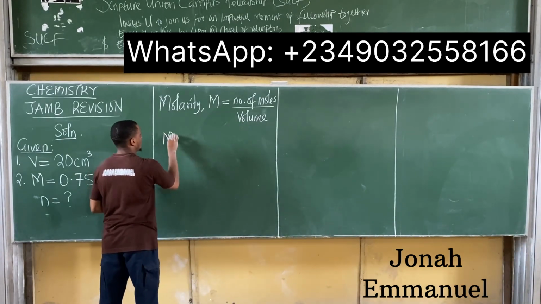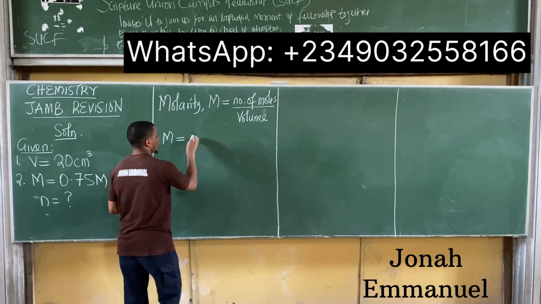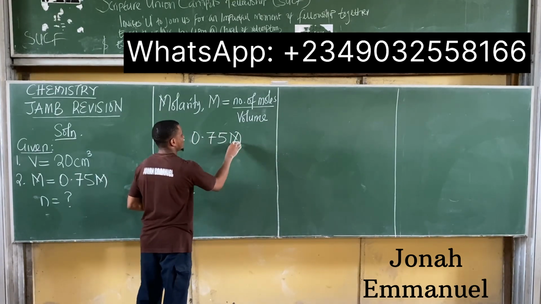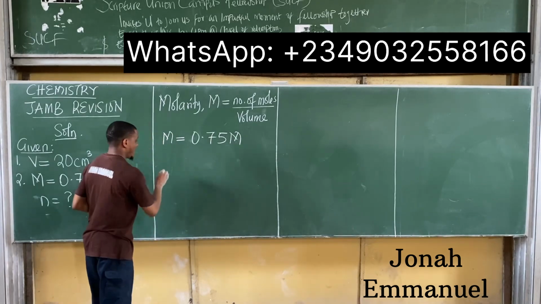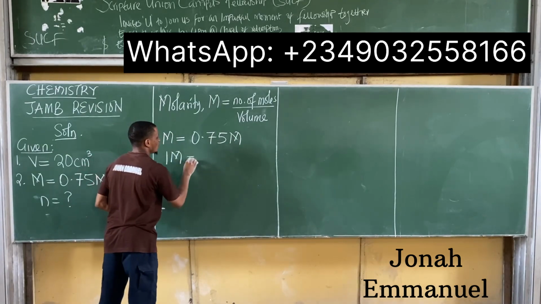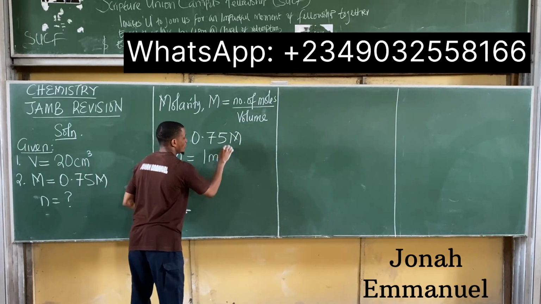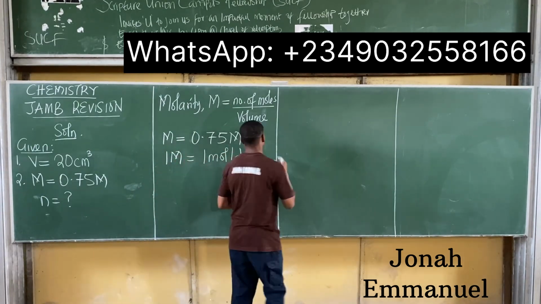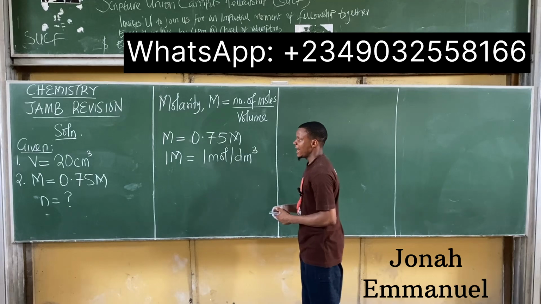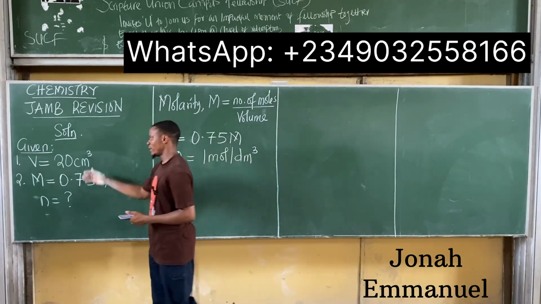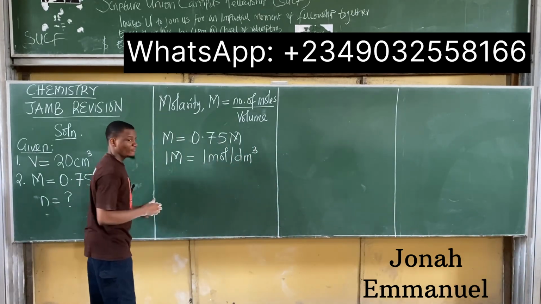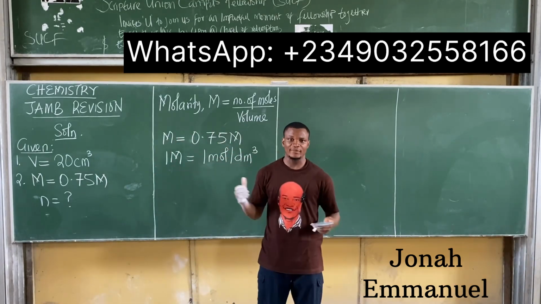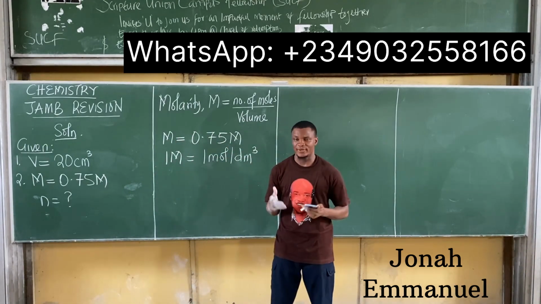Molarity M is measured in molar, and 1 molar is equal to 1 mole per dm cube. So that means that your volume should be in dm cube. I'm giving volume here in cm cube. What do I do? Very simple. To convert from cm cube to dm cube, simply divide the cm cube by 1000. So please take note.